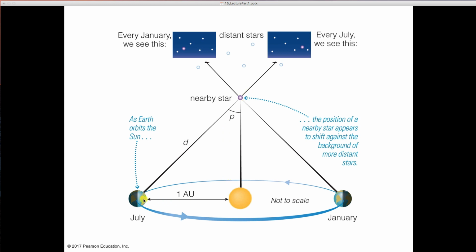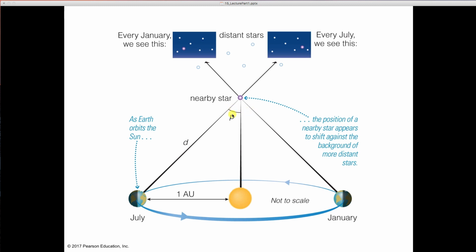Knowing the distance the Earth moves from one position to the other, 2 astronomical units, what we call the baseline, and measuring the shift in the sky from one point to the other, we can measure this big angle here, the angular shift of the star.